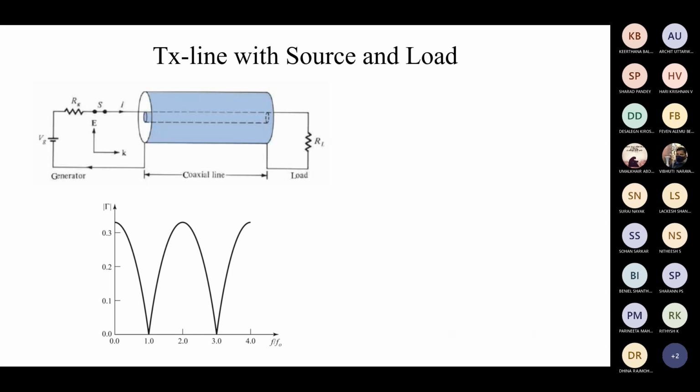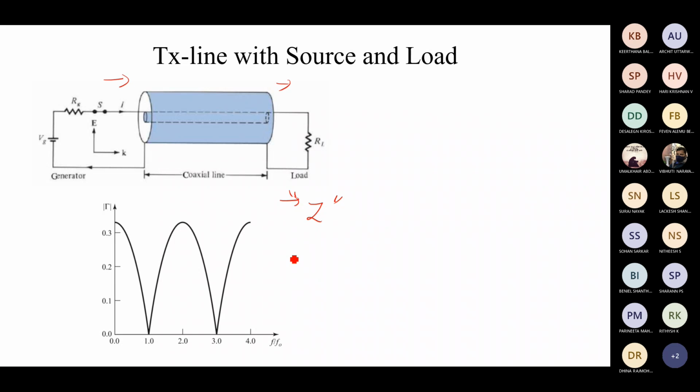Now we are coming to the main problem: these primary and secondary parameters are supposed to define the impedance of the transmission line. Why is this impedance defined? Because this impedance will tell the maximum power that can be transferred from here to here.